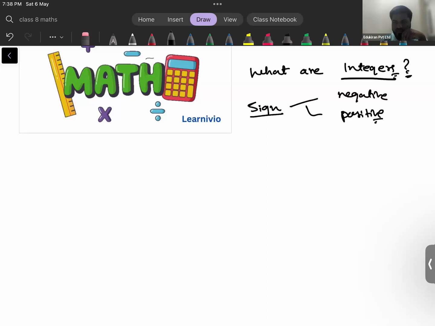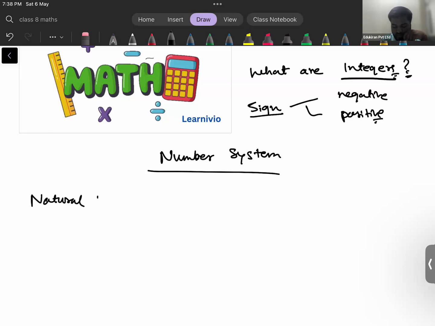So before we even talk about integers, let's start from basic. Let's talk about the number system. We know we have got different types of numbers. When you were a kid you must have studied about natural numbers, right? Yes. Which basically are the counting numbers which we count on our fingers, that start from 1 and continue up to infinity, right?